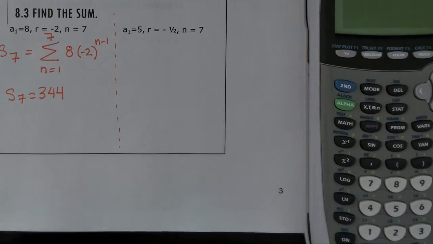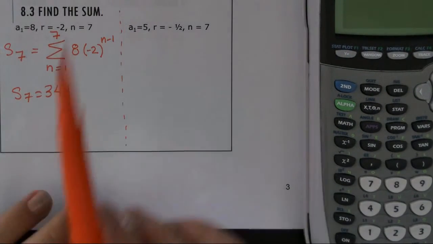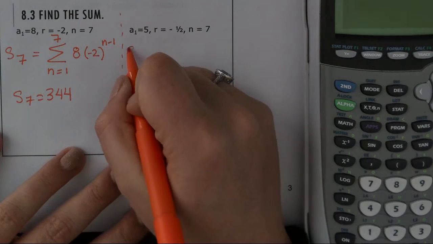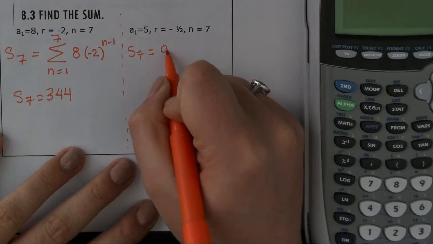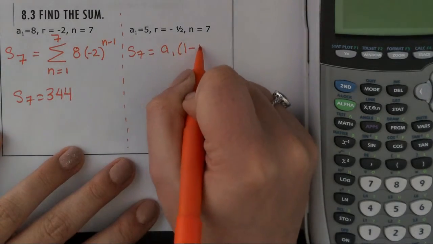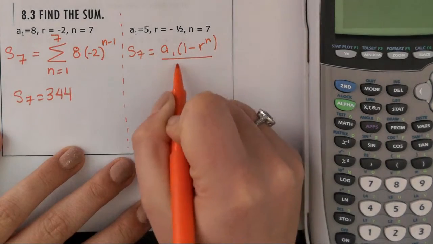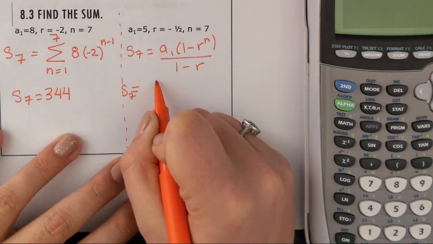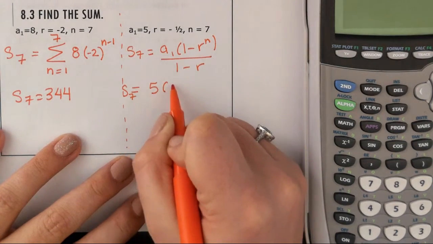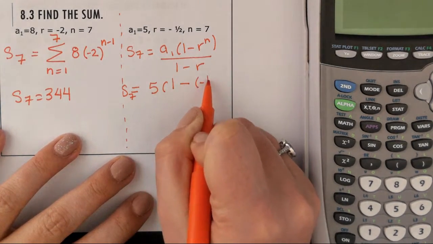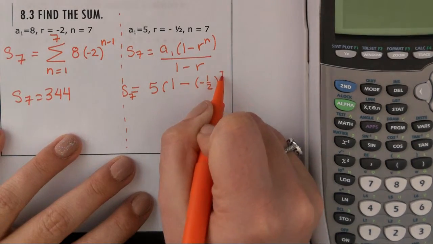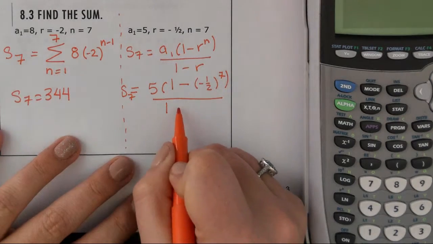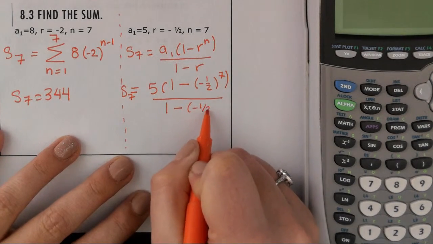Okay, now let's use the second equation for finding the sum of the sequence, or the series. In this equation, S sub 7 equals 5 times 1 minus (-1/2) to the 7th power, over 1 minus (-1/2).